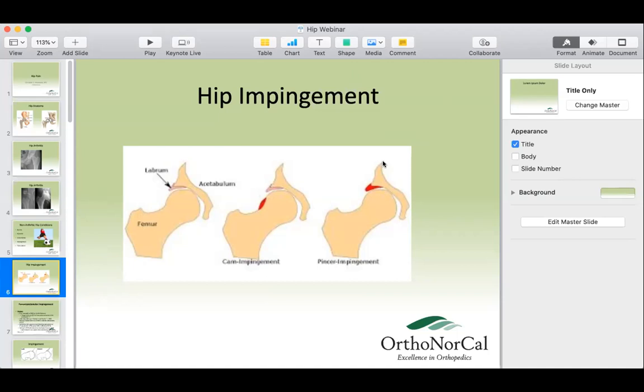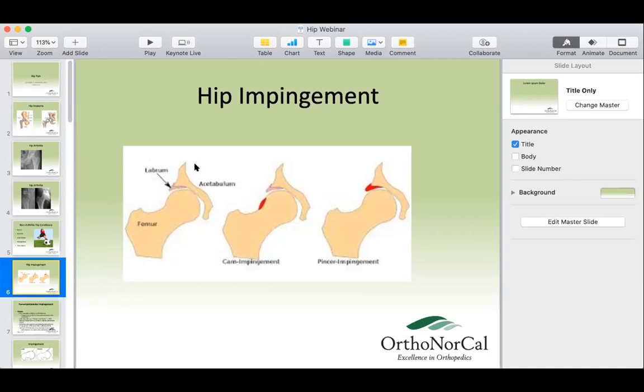What we see here in this diagram is a cross-sectional area of the hip joint. On the far left is what we would refer to as normal anatomy. You see the femur bone, and then it's articulating or joining with the pelvis or the acetabulum, which is the cup of the hip joint. What's demonstrated here in pink is a soft tissue, that cross section of the labrum.